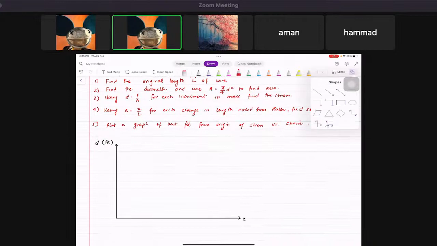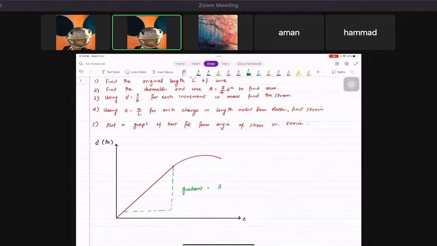So the line would basically look like this. Till the point where the straight line is, you just need to find the gradient. The gradient of the graph gives you stress over strain, and that gives you Young's modulus. Is it clear? Aman, Javeria, Hamad, anything you want to ask now?